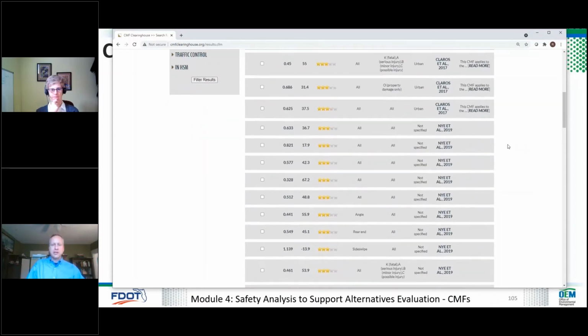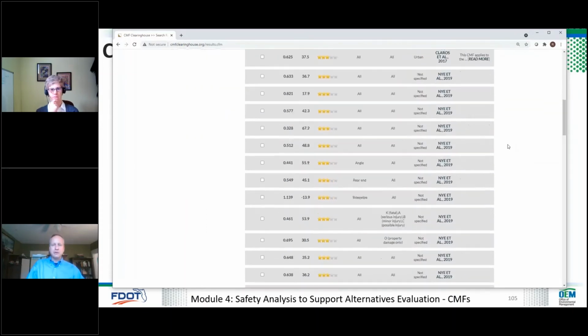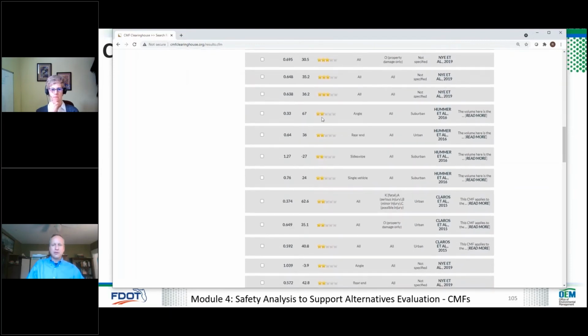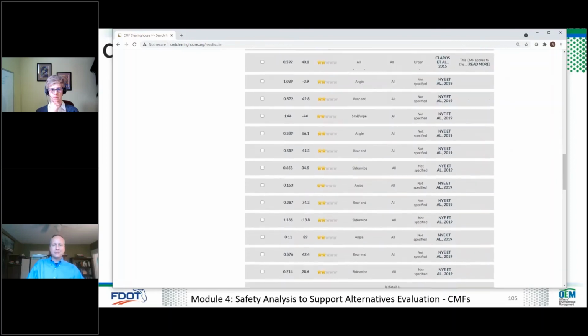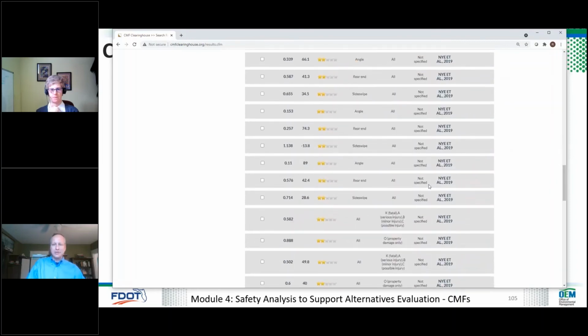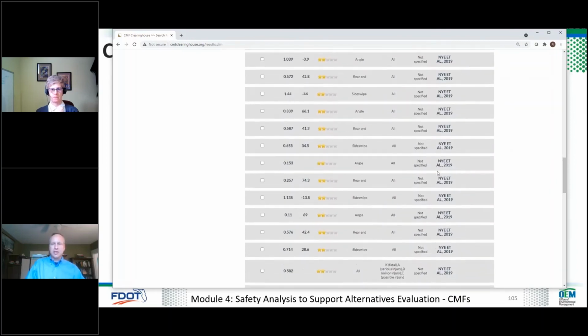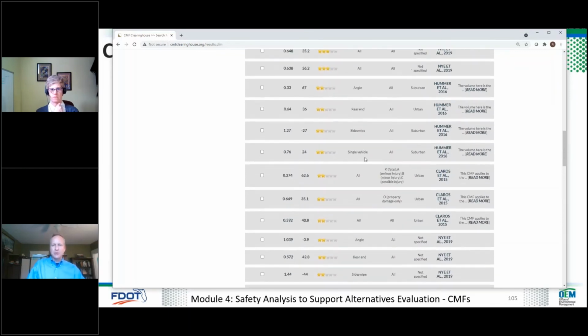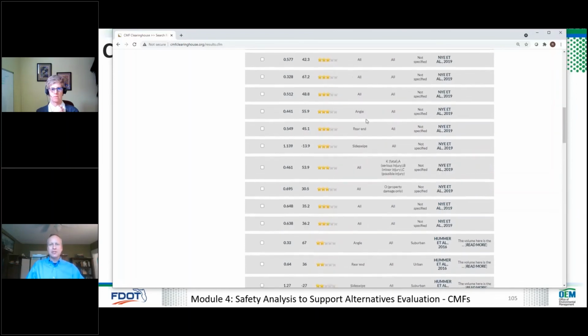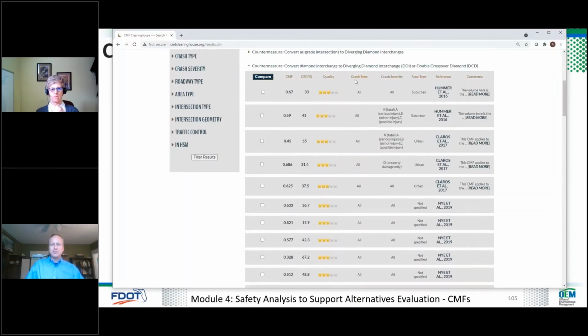And I look and I scroll up and down, and I see some in here that are 2 stars. Well, I don't really want any 2 stars. I also see that some apply to only single vehicle, side swipe, rear end, or angle crashes, and some apply to all. I want it to apply to all crash types for sure.